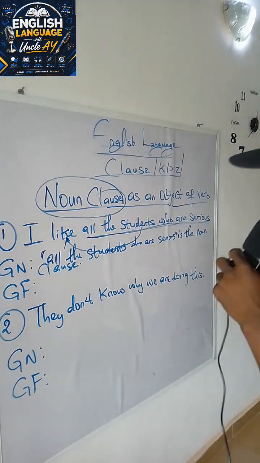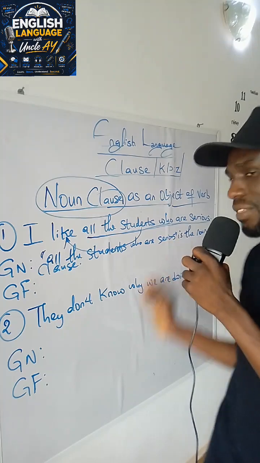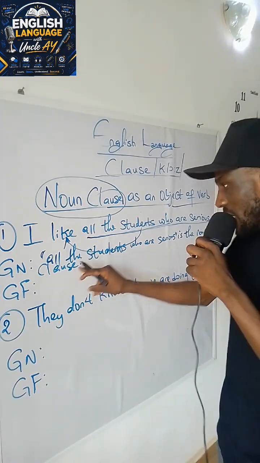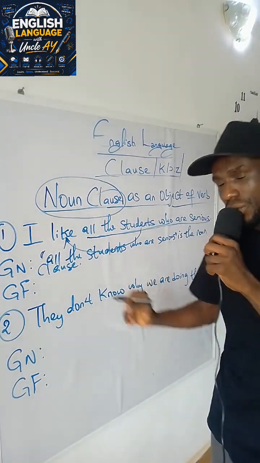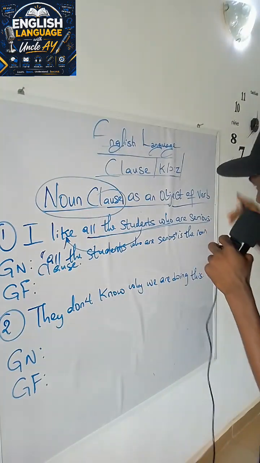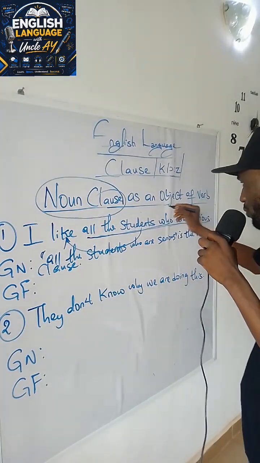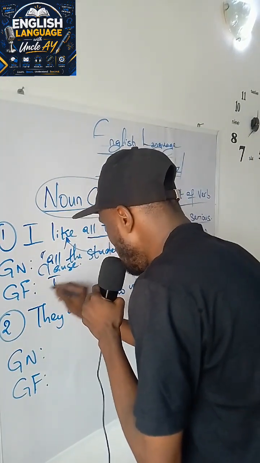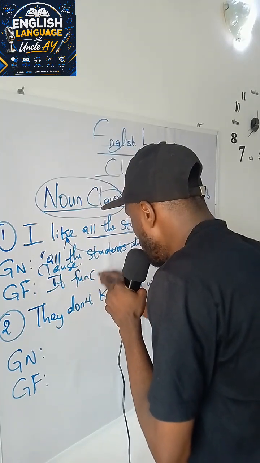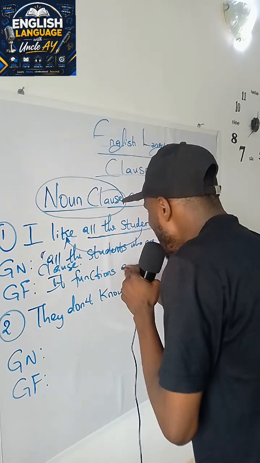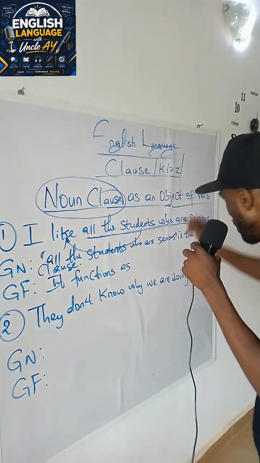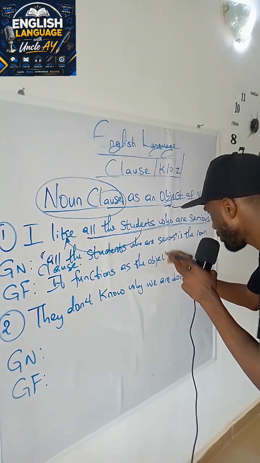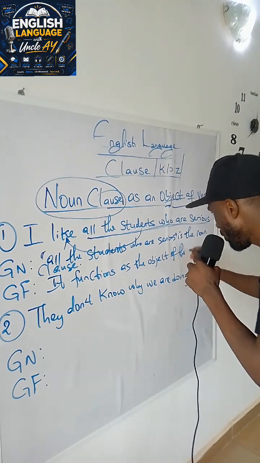But then for the grammatical function, we ask ourselves the question: what is the function of everything we highlighted here from the grammatical name? That is, "all the students who are serious." The function definitely would be, since we are looking at it from the objective point of view, that all of this functions as the object of the verb.